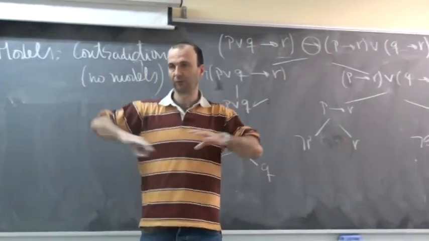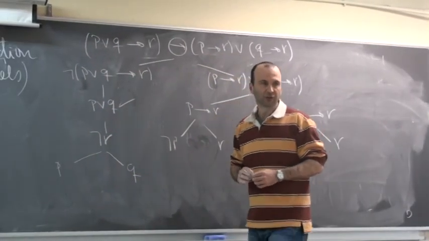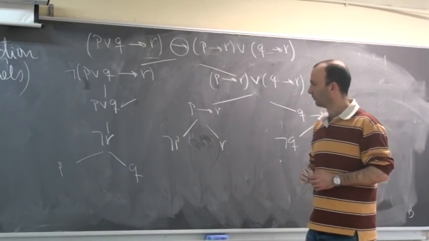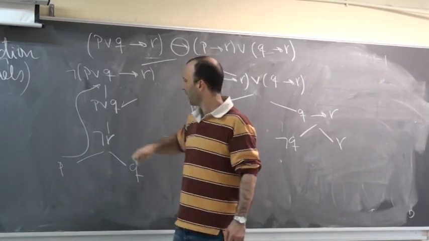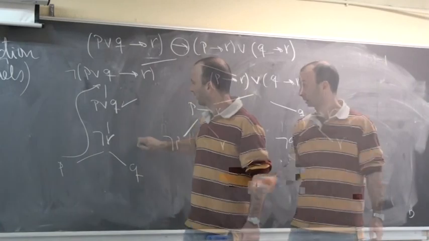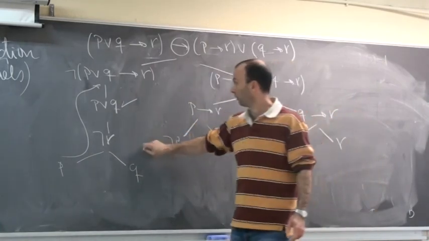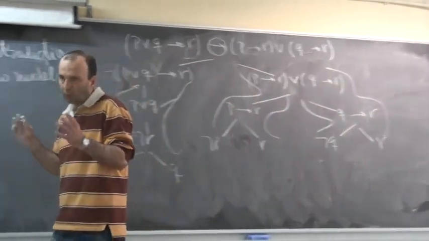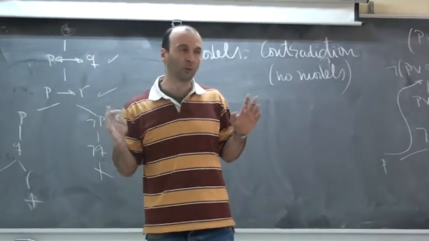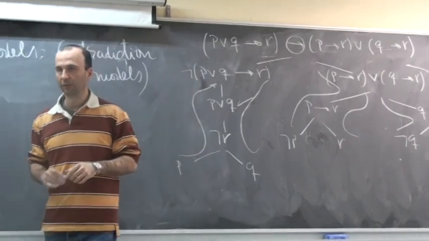You have many variables, so you are going to have a very large tree, right? So when you take all the paths up to the root, then you get all the models. That's a lot of counting, a lot of enumeration. You want to enumerate them, there's no way. You just want to know whether this formula is a tautology or not, then it's better to take the negation.